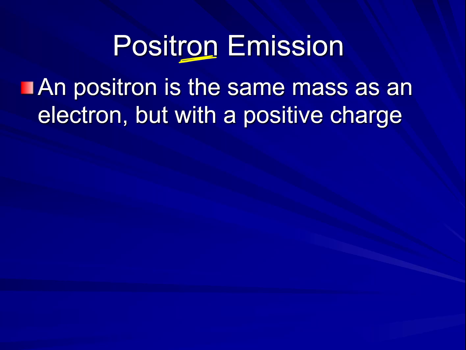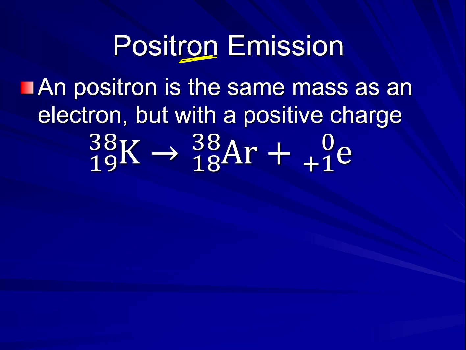Positron emission, so they give a source that gives off positrons and they shoot it at your body. When it hits an electron in your body, it annihilates and sends off that energy and lets you know where it was. So they can map where the electrons are in your body, which means they can map everything in your body. Does that make sense? Yeah. So this is what the equation looks like.